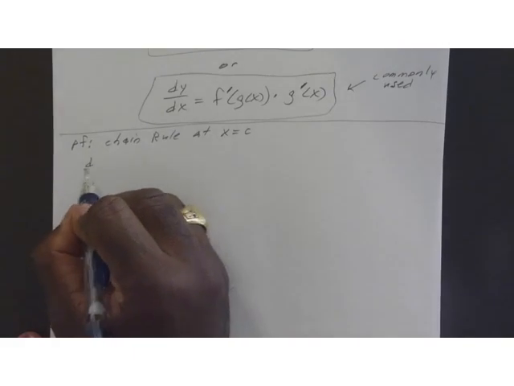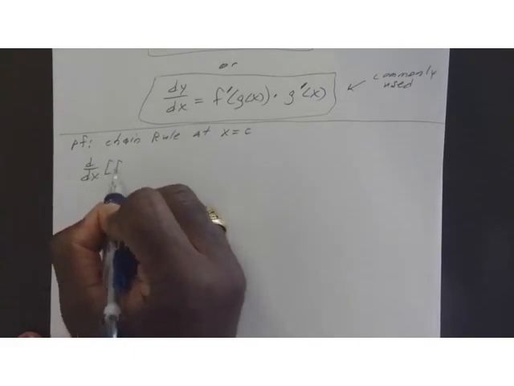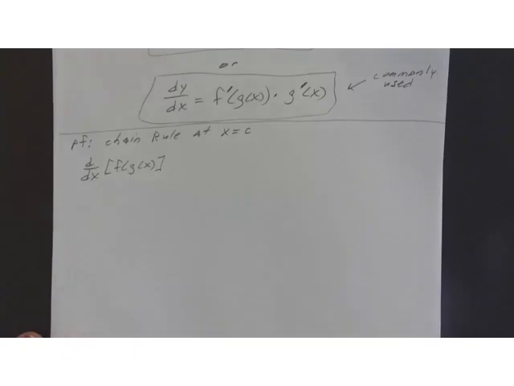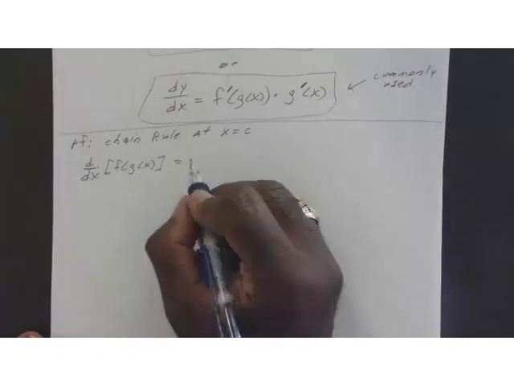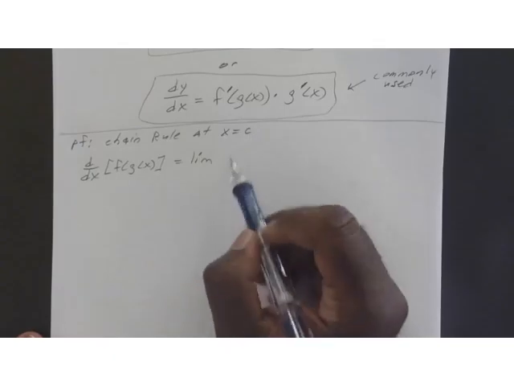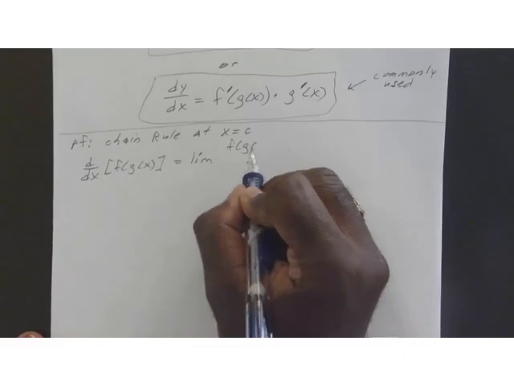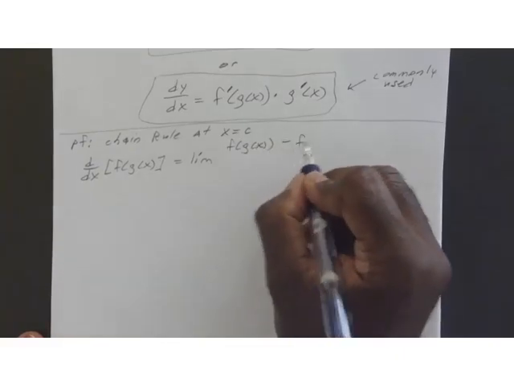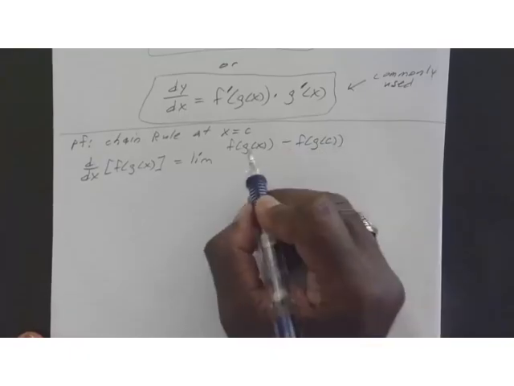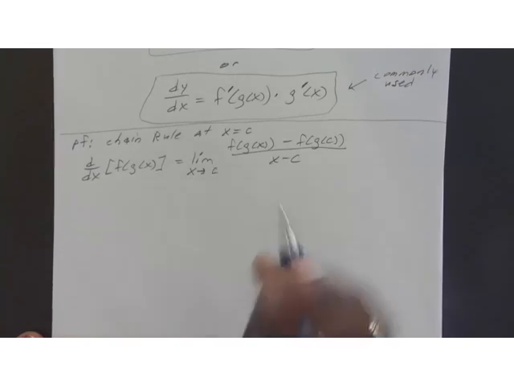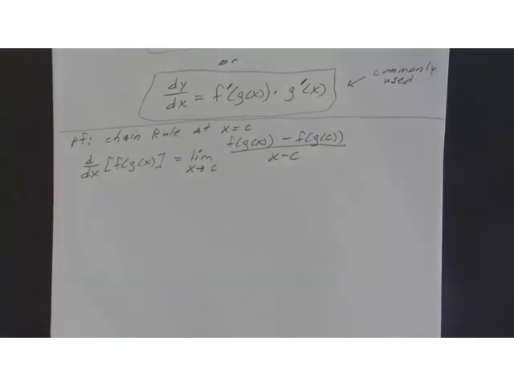Okay, so if we find the derivative of f of g of x, we can write that as the limit, instead of f of x plus h minus f of x all over h, we can just say f of g of x minus f of g of c divided by x minus c as x approaches c. So we can use the second limit definition of a derivative.